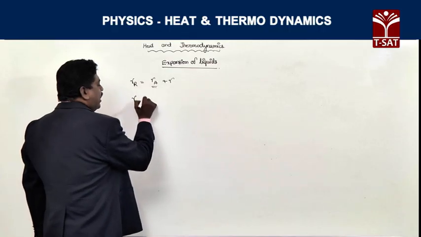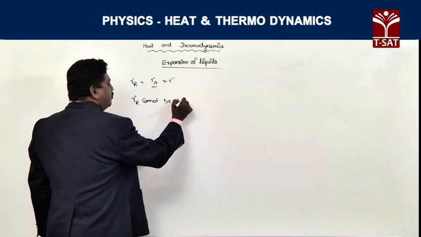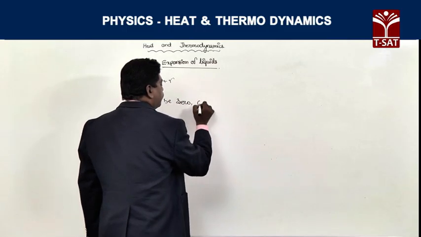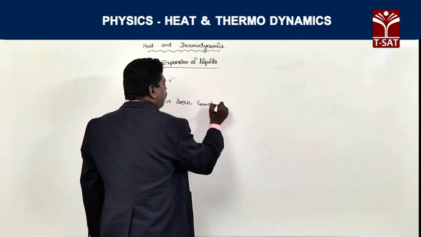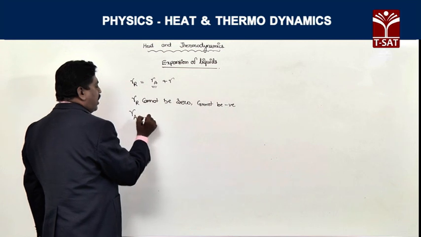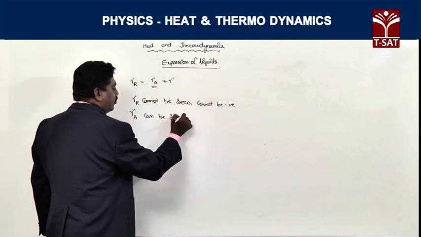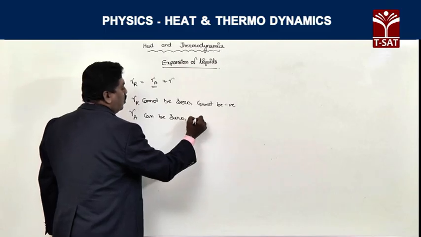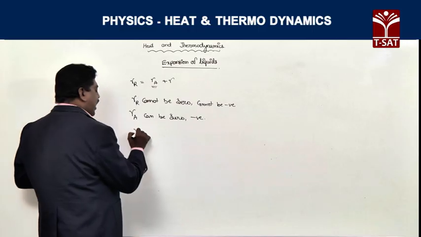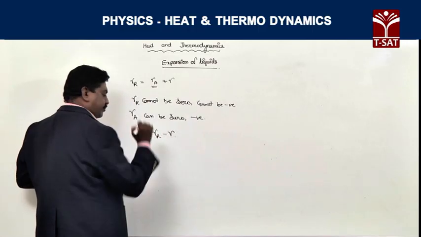Gamma R cannot be 0 and cannot be negative, whereas gamma A can be 0, and can be negative also. So, gamma A can be written as gamma R minus gamma.